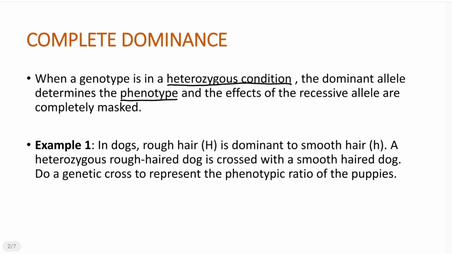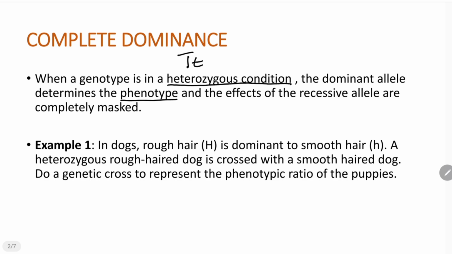But since this is complete dominance, let's say, for example, we can have capital letter T and small letter t. This is an example of a genotype that is in a heterozygous condition because it is made up of a capital letter and a small letter. Simply because these two letters are not identical, we therefore say that this genotype is heterozygous.